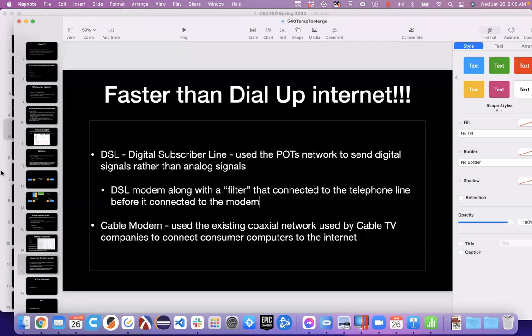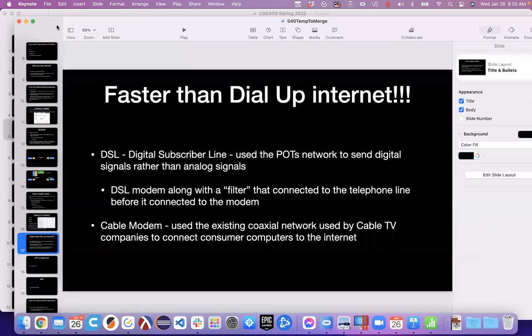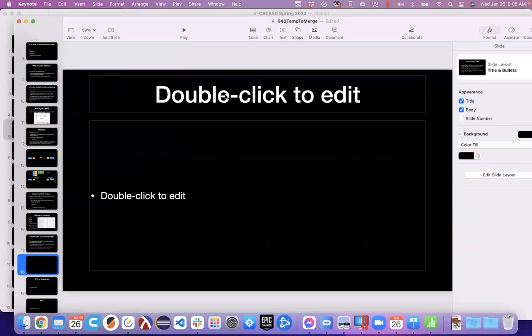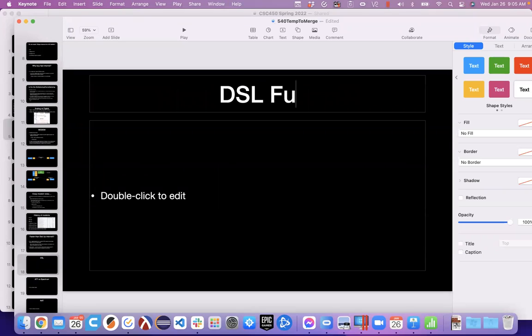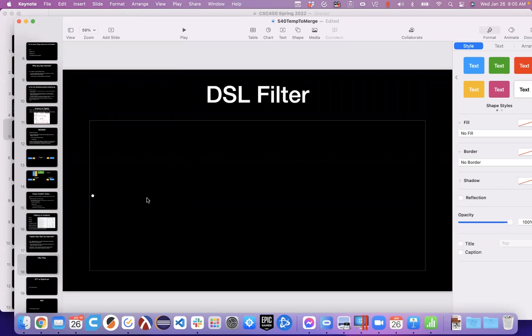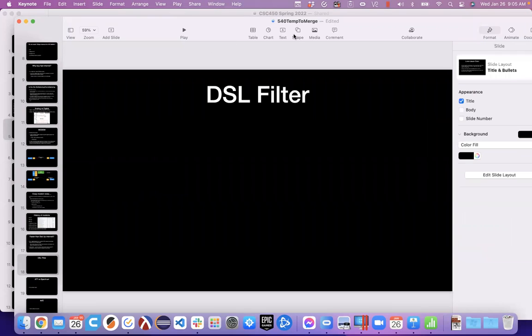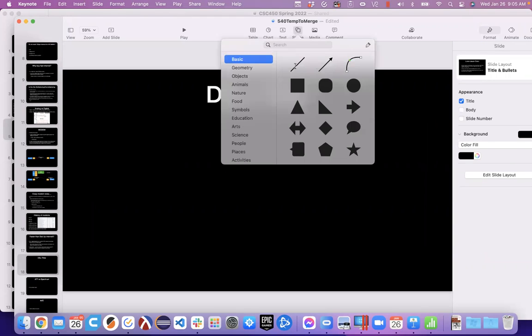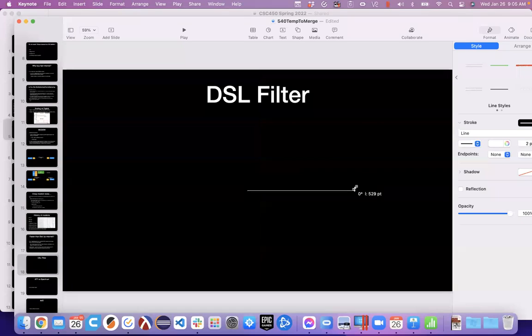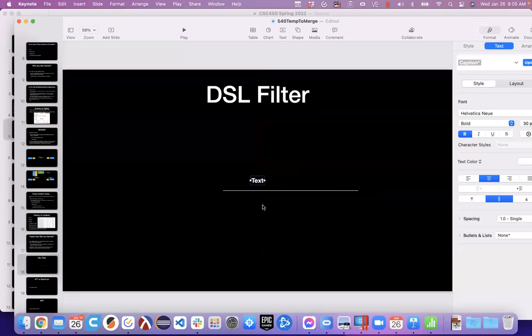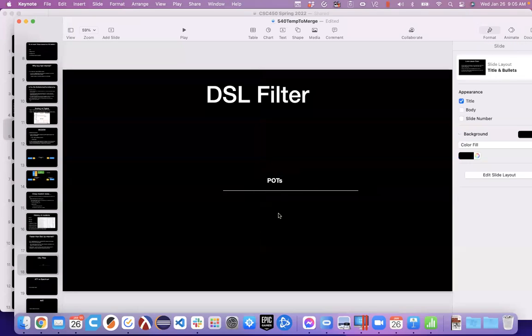Now, on the next page here, DSL filter. Draw this as pictures. So that's our POTS telephone line.